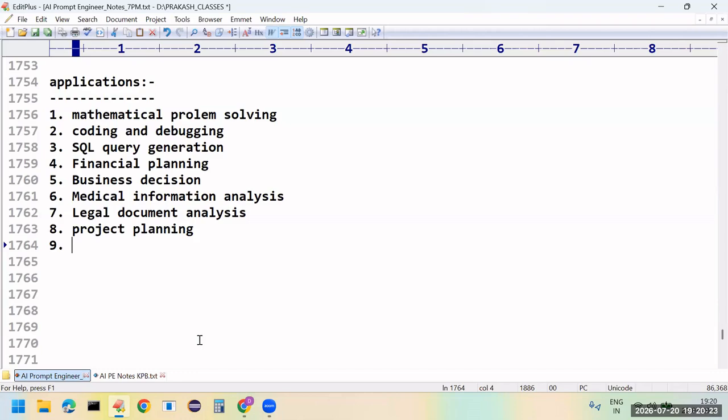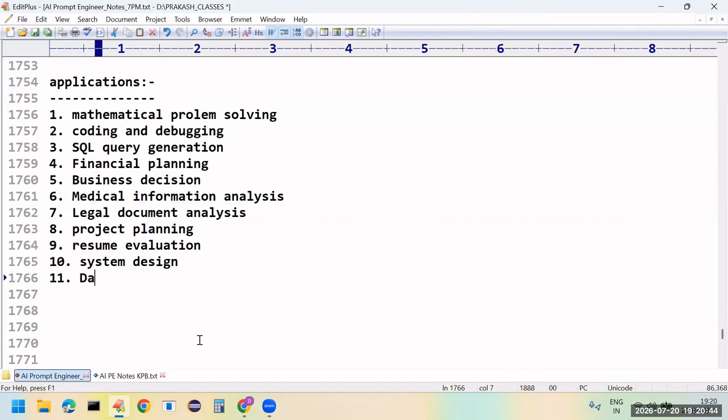We can use this even for resume evaluation. Have you observed, in the last class also we saw this: we uploaded one resume and asked ChatGPT to analyze it. Even for system design, we can use this.